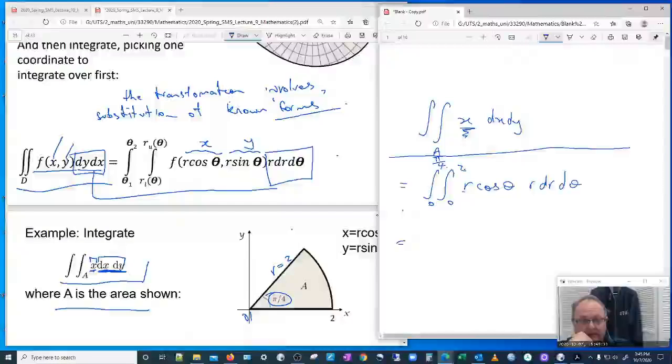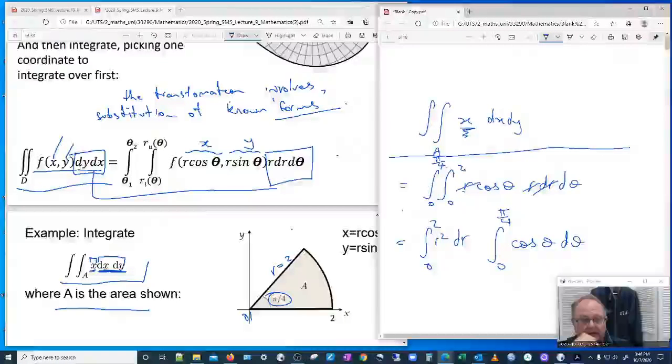Now r times r will be r squared dr, so you can cross them off if you like, just to make sure you got them all out of the way. And our radius is 0 to 2, multiplied with 0 to pi on 4 cos theta d theta.